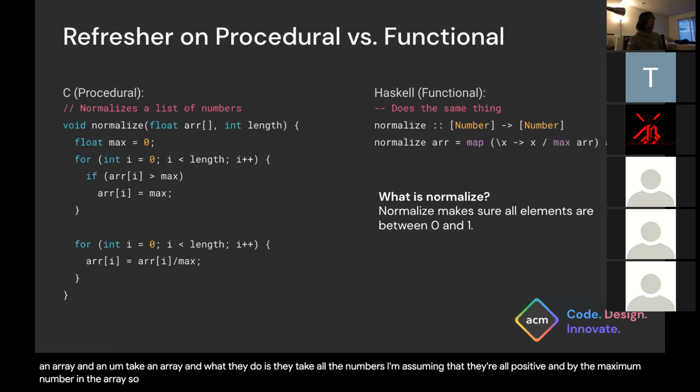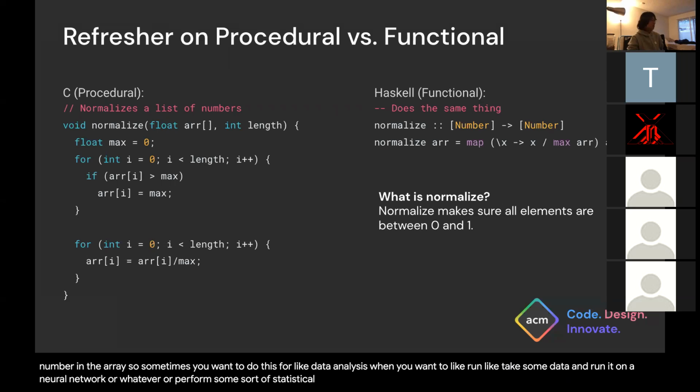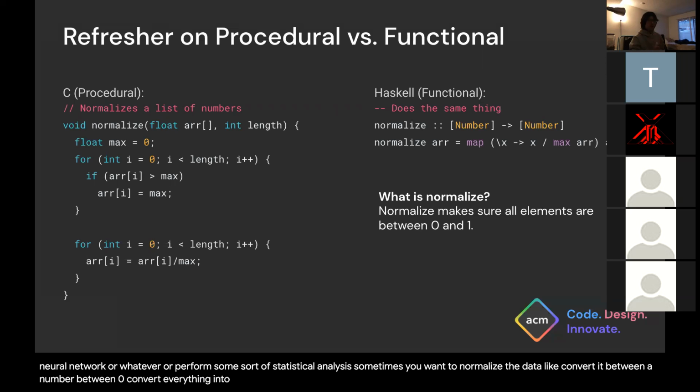So sometimes you want to do this for data analysis when you want to take some data and run it on a neural network or whatever, or perform some sort of statistical analysis. Sometimes you want to normalize the data, like convert everything into a number between 0 and 1. So that's what these do.